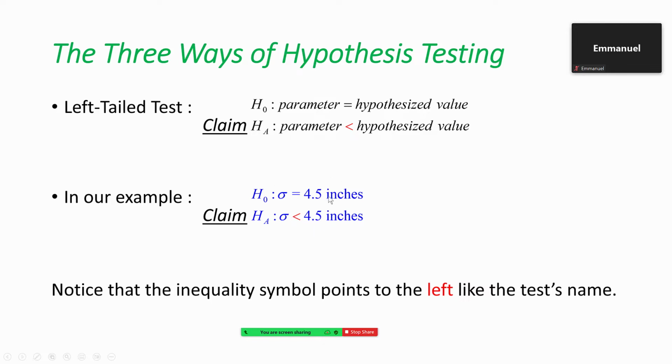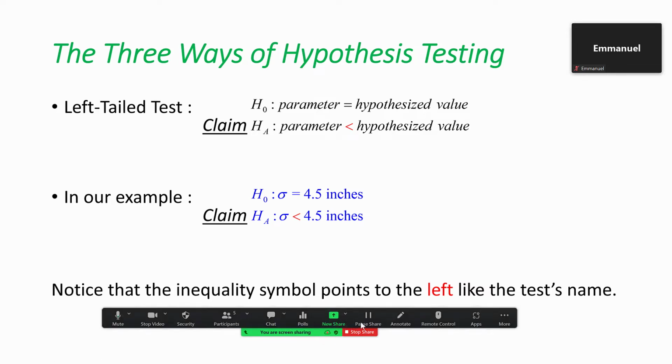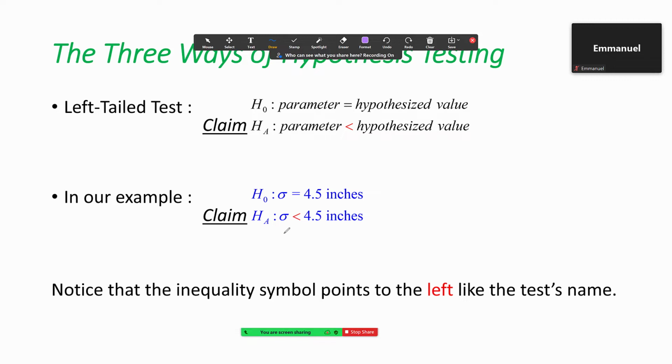The null hypothesis is the old claim, so it's equal to 4.5. This is called a left-tailed test. And an easy way to remember it is pretty much the arrowhead. This little less than sign looks like an arrowhead pointing to the left. So that's an easy way of remembering it. Left-tailed test. It points to the left.